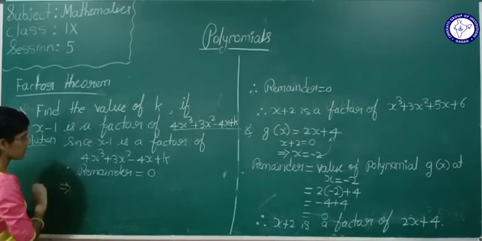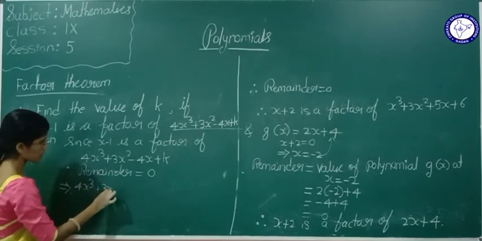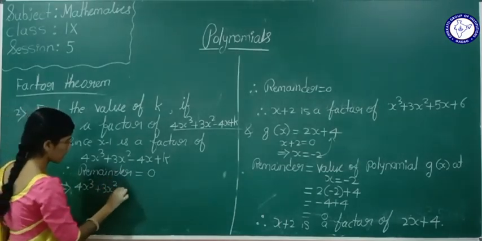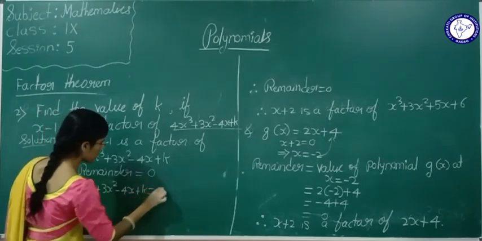Now see, 4x cube plus 3x square minus 4x plus k is equal to 0.